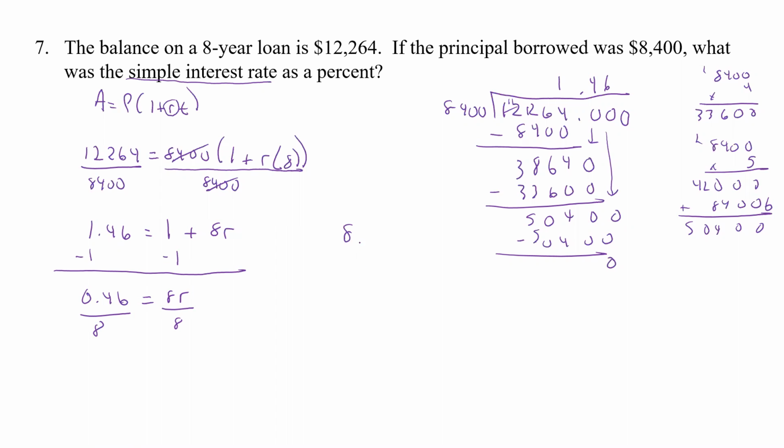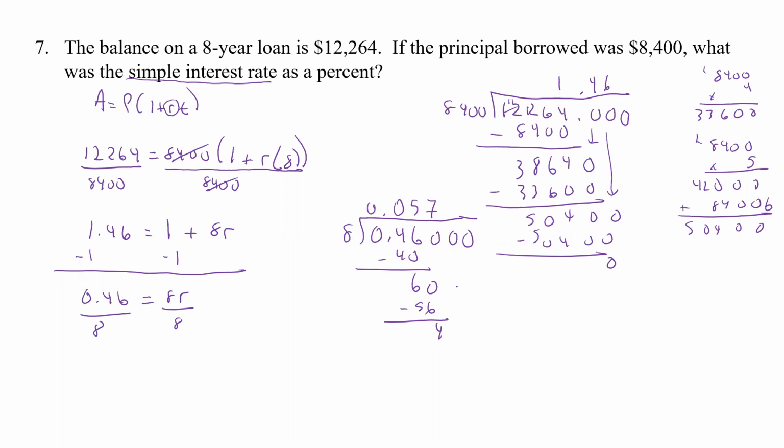All right, so 8 goes into 0.46000. So that's 0 point. Now 8 times 6 is 48, so times 5 is 40. Subtract that, that's 6, bring down a 0. 8 times 7 is 56.